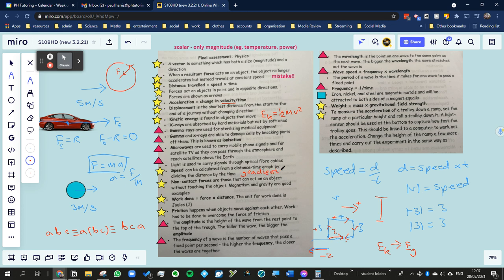So the gradient is what gives you the speed, and the gradient of a speed time graph would give you the acceleration. So it's going to be the change in the distance divided by the change in time, and that would give you the speed, which is, yes, distance divided by time, but if it's going to be talking about a graph, we want to be referring to the idea of plotting or calculating a gradient.